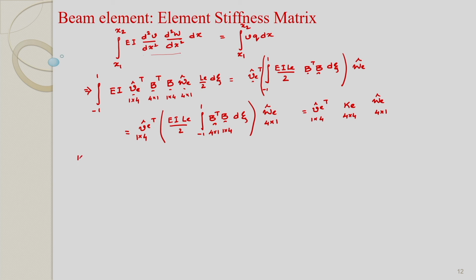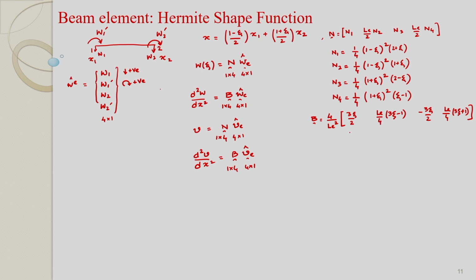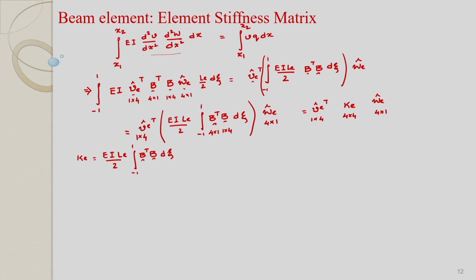So, element stiffness matrix is E I L E by 2 integral of B transpose B. You remember here this B is function of xi. So, finally, it will be a 4 cross 4 matrix.